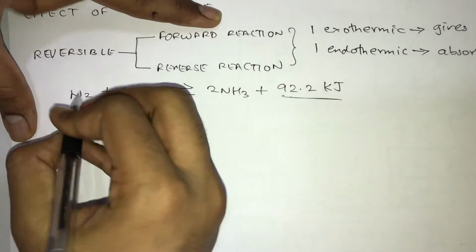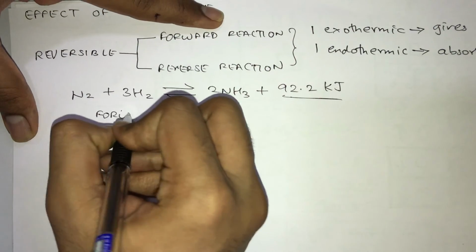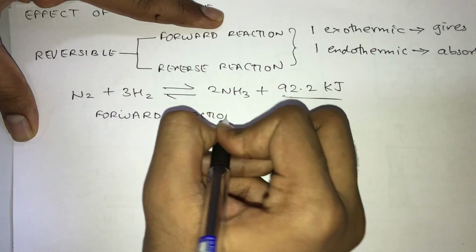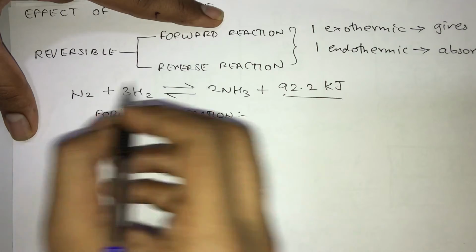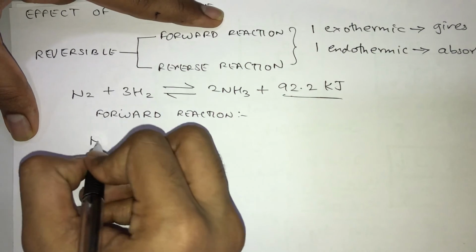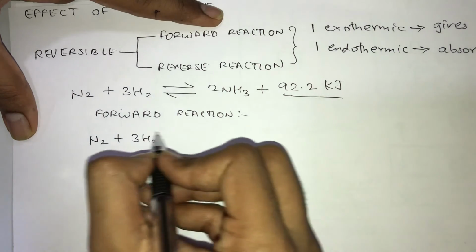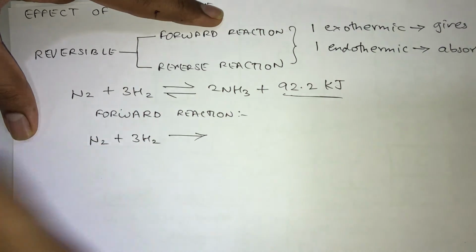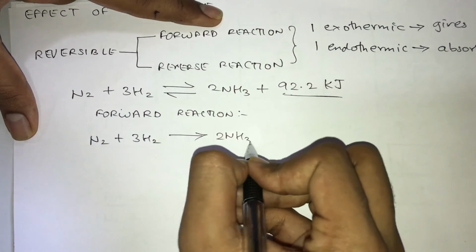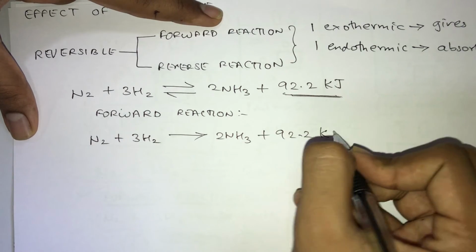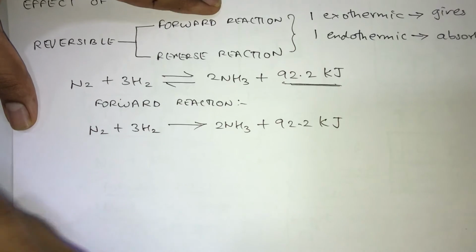Now, let us write the forward reaction over here. What is going to be the forward reaction? N2 plus 3H2 giving us 2NH3 plus 92.2 kilojoules of heat.